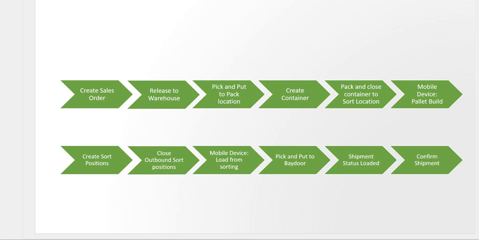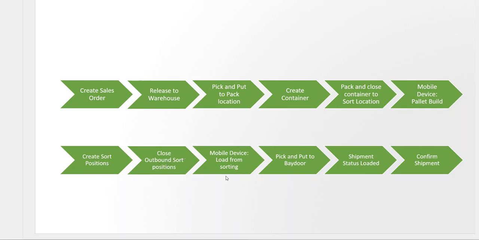We'll do a normal pick and put to the pack location. We'll do some packing in the pack location, also totally standard. And then from there, we'll do pack and close container to a sort location. That's the new step that we're doing based on the setup that we created in the first video. Then we'll start using two of the mobile device functions that we added in our setup configuration video as well: the pallet build functionality, where we create the sort positions, and after that we can close the sort positions.